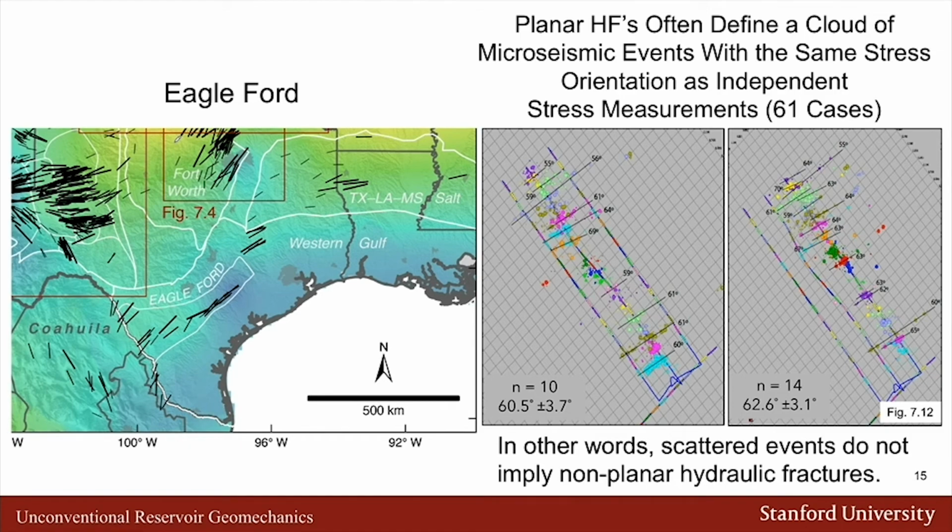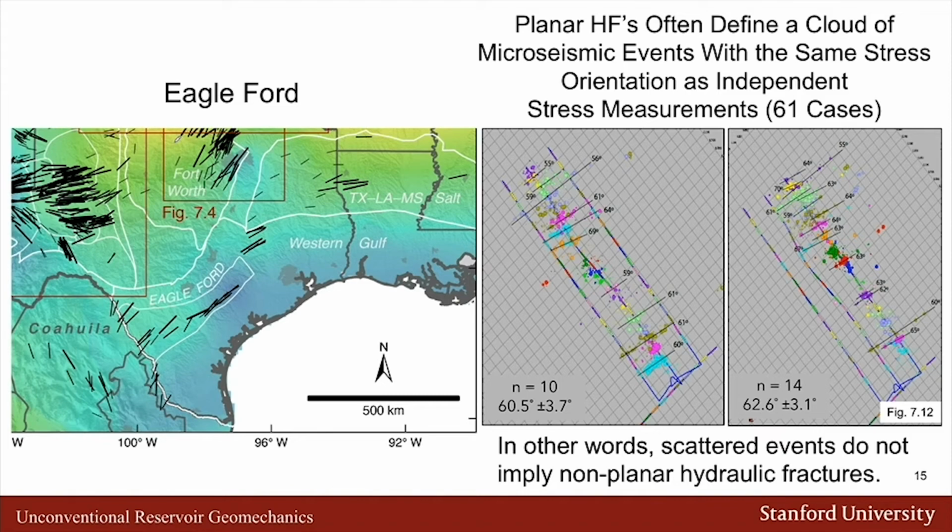So here in the Eagle Ford, this direction we see from the ConocoPhillips experiment is exactly consistent with what we would expect from the stress map and is exactly consistent with what was seen elsewhere. This is another operator, another data set, the lineations from the microseismic events.